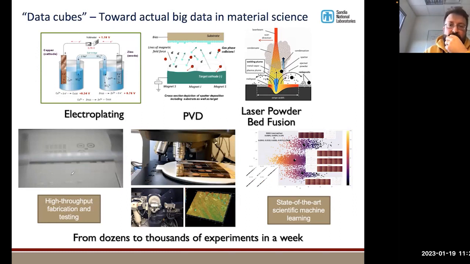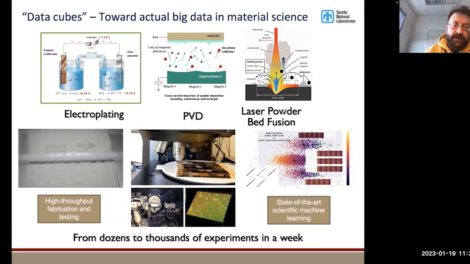There are a lot of different material systems. We look at electroplating, physical vapor deposition, 3D printing, like metal additive 3D printing or laser powder bed fusion. Now that the experimentalists can use robotics to generate a large data set, can we machine learn through those things?